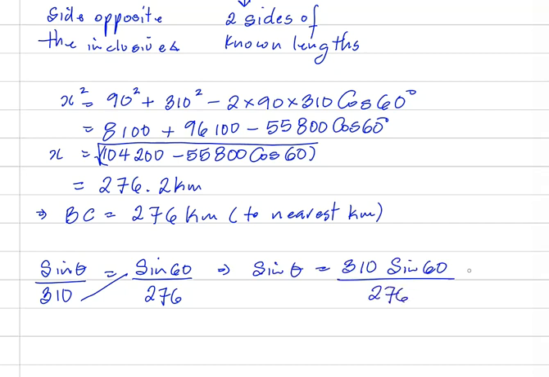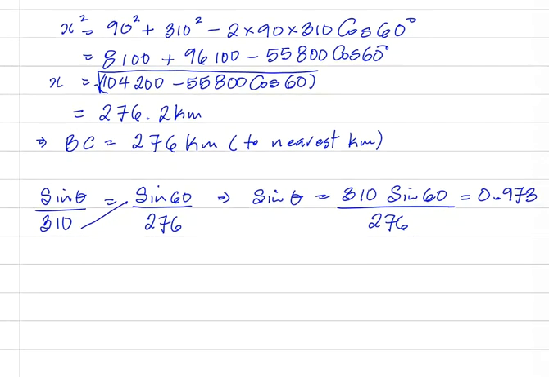All right, so you put that in the calculator, to 3 decimal places. I think that would come out to 0.973. If I know the sine of an angle, to find the angle, I must use sine inverse.